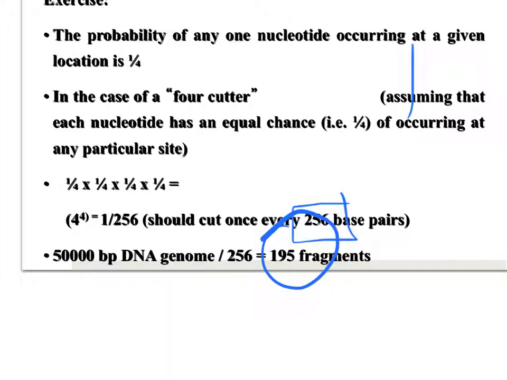The genome size of the organism I'm working on is 50 kb in this case. 50,000 divided by 256, 195 on average. This is assuming a random distribution of the 4 bases. Everybody clear?